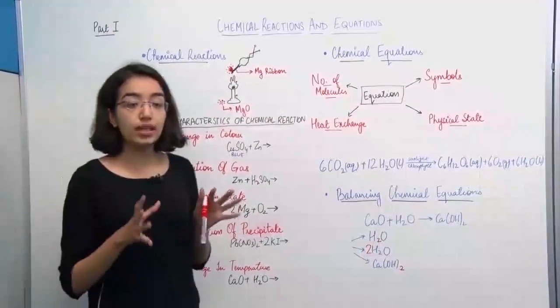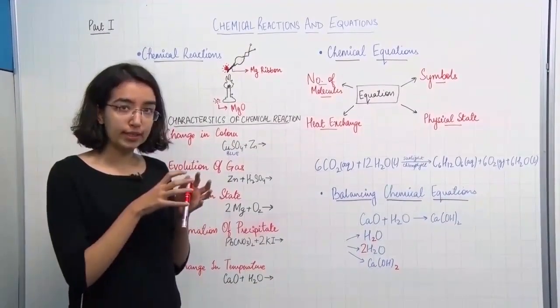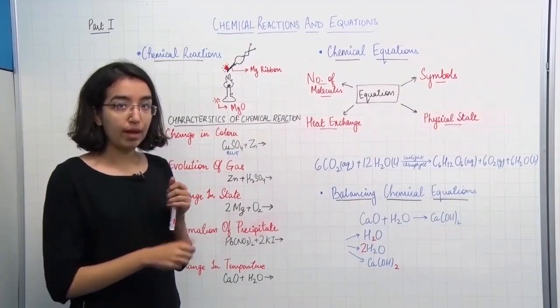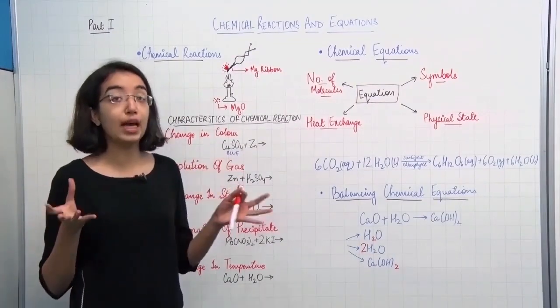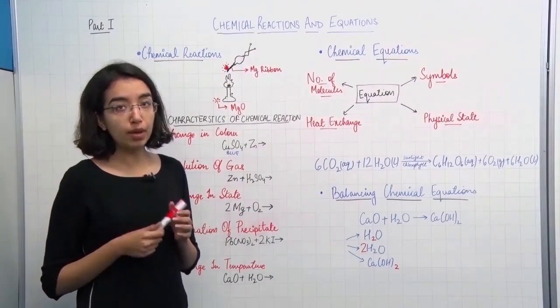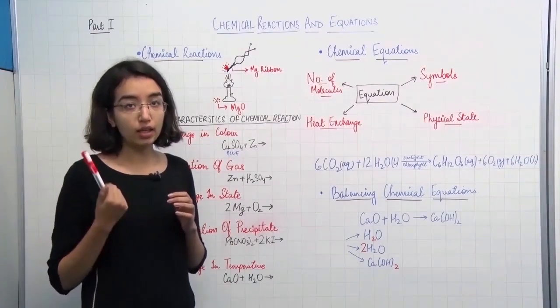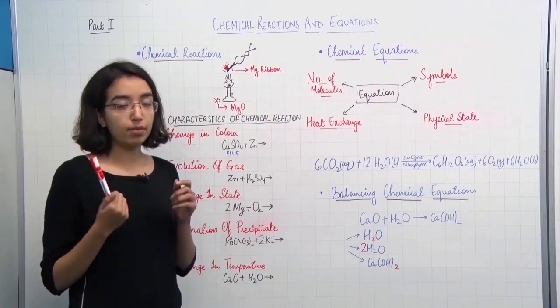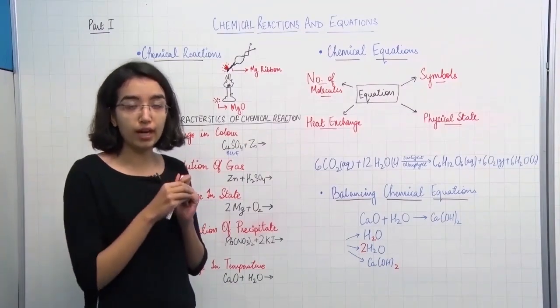Chemical reaction is a reaction which is very different from a physical reaction. So, for instance, you burn a paper and you break this marker into smaller pieces. There are 2 different types of reaction. In burning a paper, the paper loses its original properties, and in the second, it does not lose. For instance, if I break this marker into smaller pieces, it will still be not attracted by magnet.